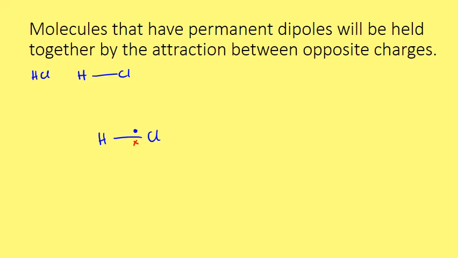And so if those negative electrons are nearer to the chlorine, then that of course means that the chlorine is going to be slightly negative. And if by the same token they are not anywhere near the hydrogen, that's going to leave the nucleus of the hydrogen atom exposed, and so that side of the molecule will be slightly positive.